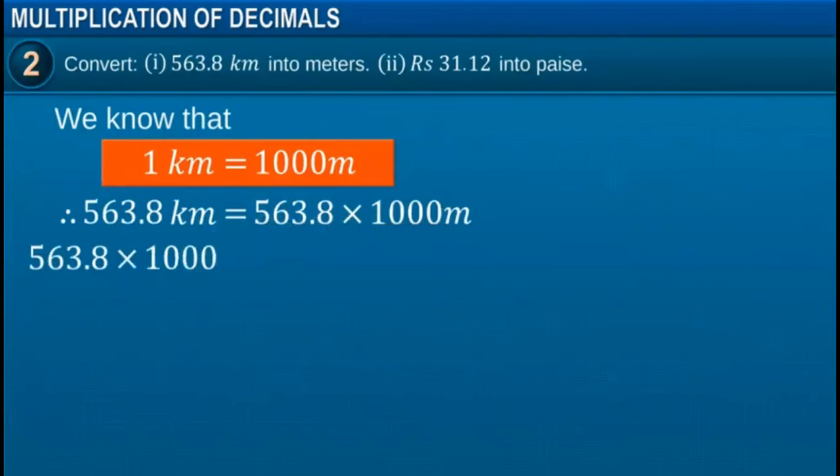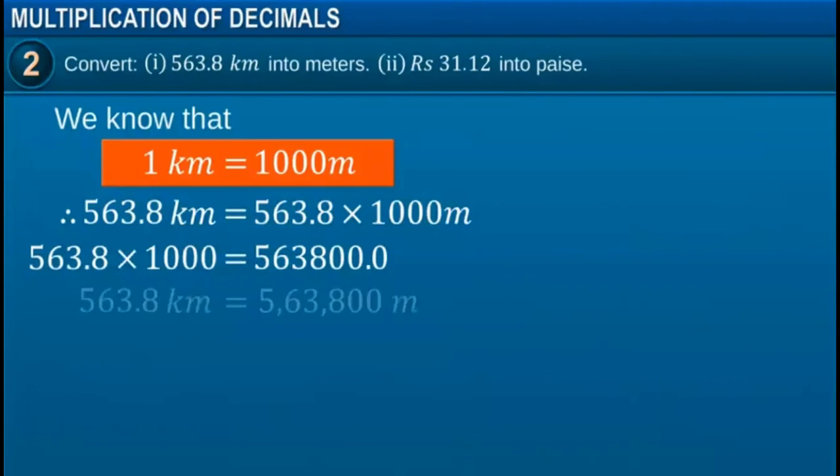On multiplying a decimal number by 1000, the digits of the number remain the same, but the decimal point shifts to the right by 3 places. So, our answer is 5,63,800 meters.